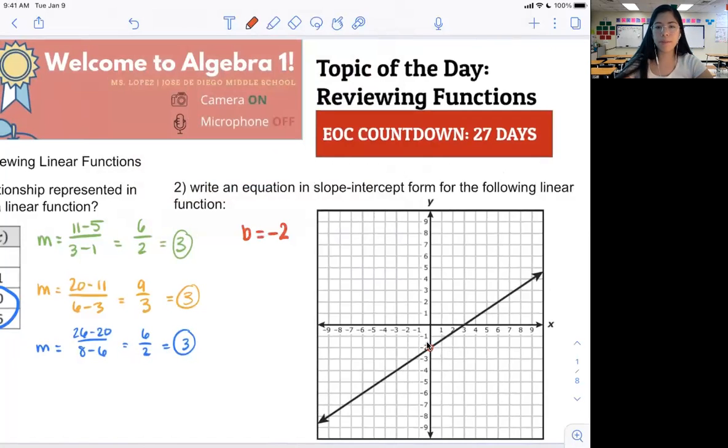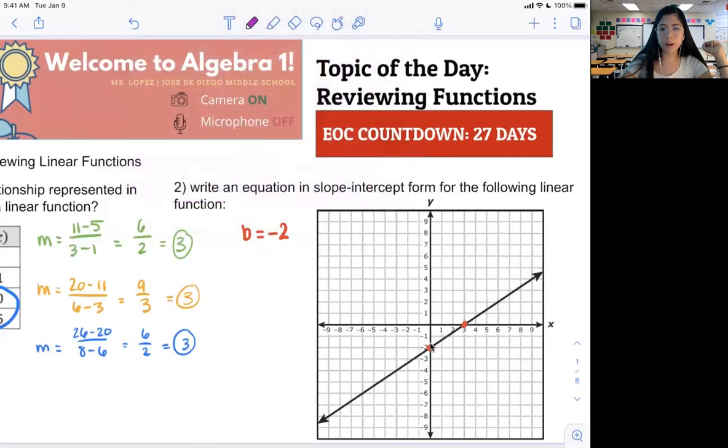So what is another perfect point I can use? Three comma 0. Good. You can use any other perfect point. Doesn't matter which one. You could have used this one up here, or this one right here. Any of them work.